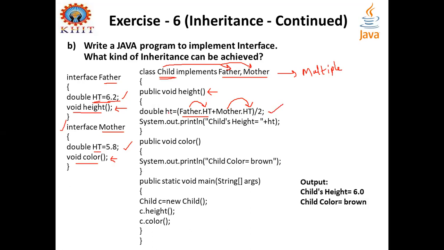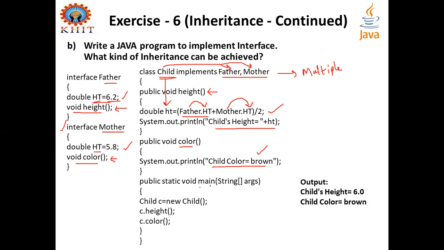Here it is taking the height of a child in the logic: height equals father height plus mother height by 2, and this is the child height. What about color? He directly implements this color method from the mother interface, and child color is brown.